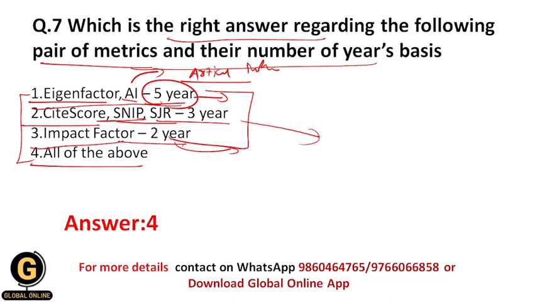Eigenfactor and article influence track citations for preceding 5 years, and this is true. Basically this is the definition of these journal metrics. Again the definition of CiteScore, SNIP and SJR says that they track the citations for preceding 3 years, and this is correct. Impact factor 2 year is also correct, and everyone knows it, and that's why your correct answer should be 4.